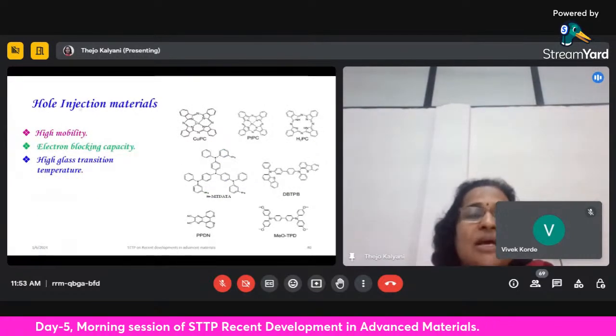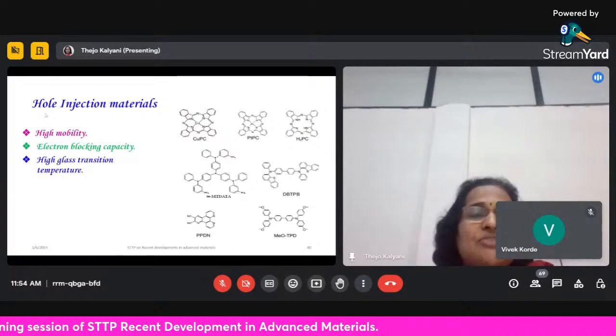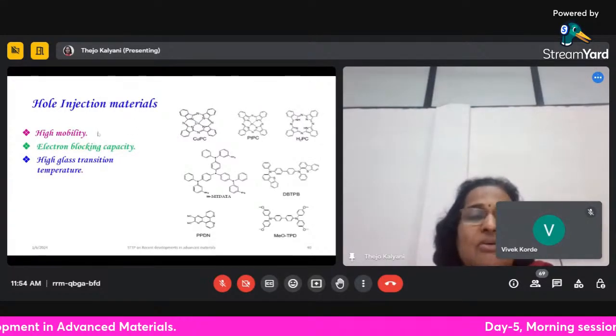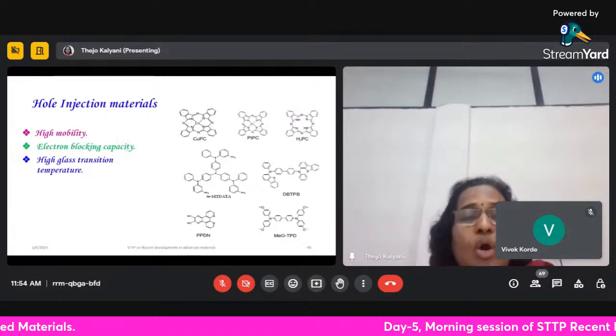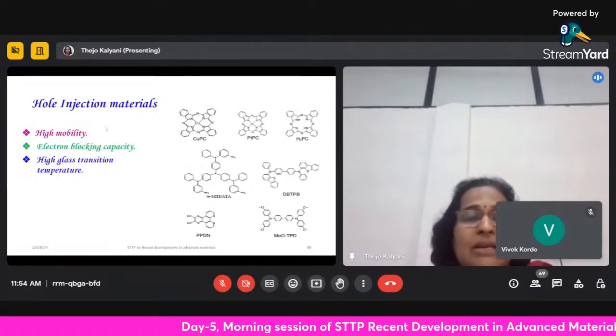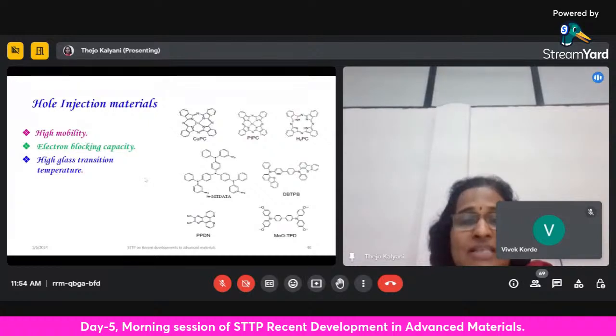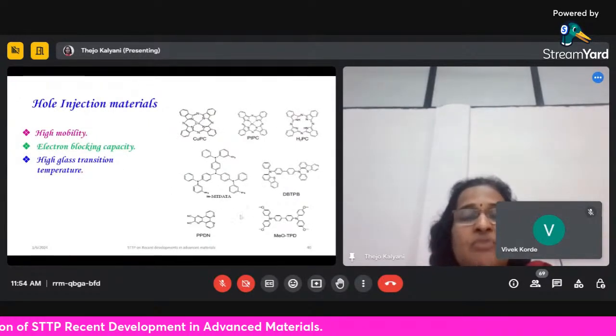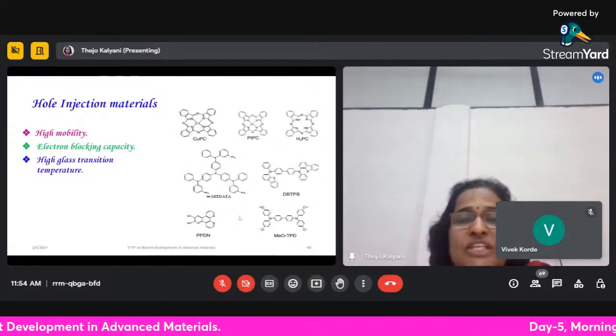The next layer deals with hole injection materials. These materials have high mobility, they can block electrons, and they can make holes more mobile. They have high glass transition temperatures, and these are the organic materials generally preferred as the hole injection layer.